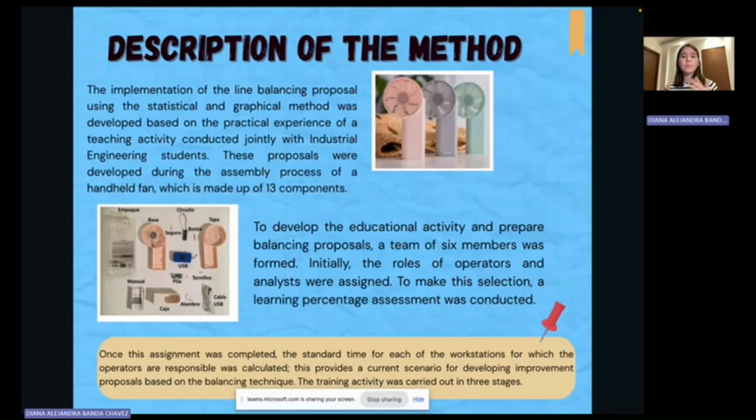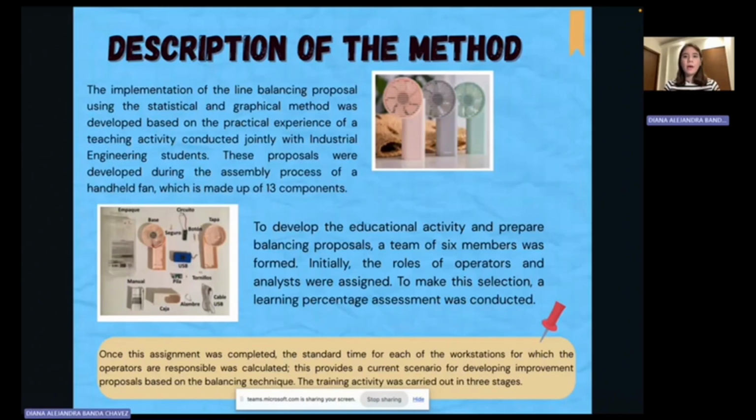To develop the educational activity and prepare the balancing proposal, a team of 6 members was created. In this team, there were roles of operators and roles of analysts. To make this selection, a learning percentage assessment was conducted.